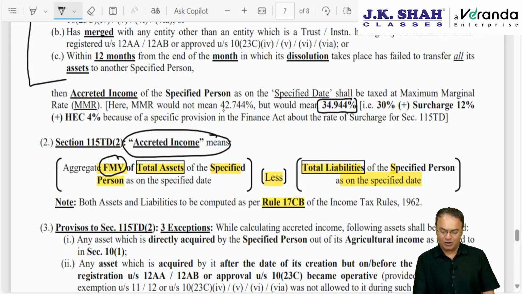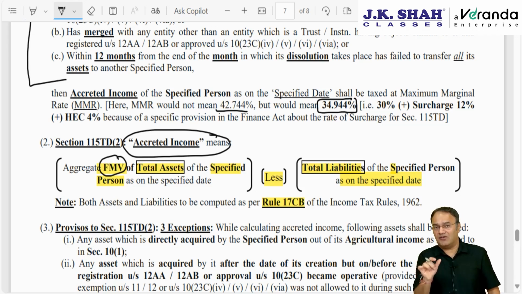Normally MMR means 42.744%, that is the highest rate of tax for individuals, 30% plus the highest rate of surcharge for individuals, 37% irrespective of income, and the highest rate of health and education cess. 30 plus 37% of 30, plus 4% of total, gives us 42.744. But here, only for accreted income, it is given in the Finance Act.